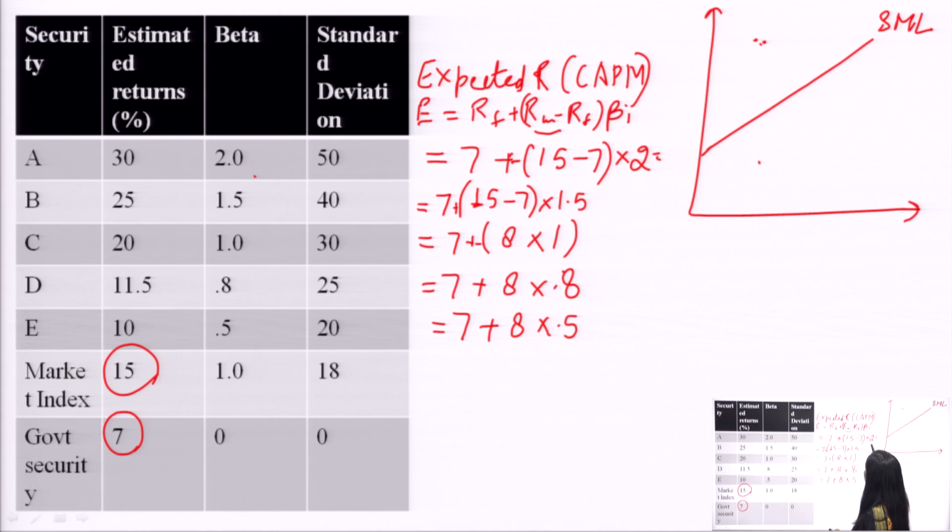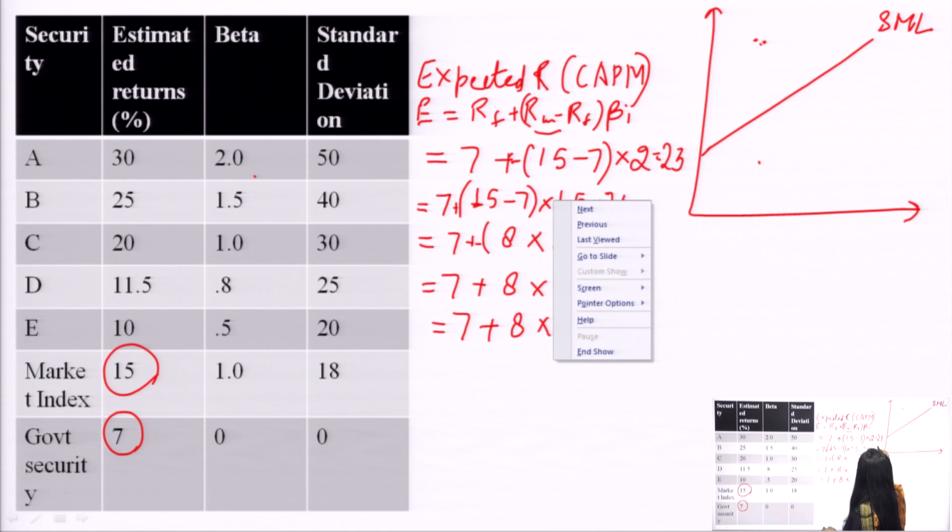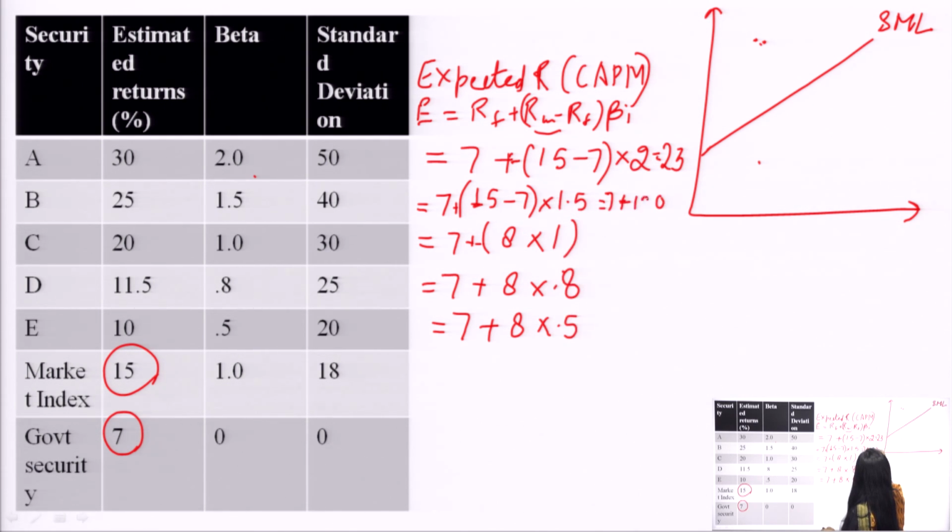So, if we calculate this value, it will be 7 plus 8 into 2. 8 into 2 is equal to 16, and 16 plus 7 gives us 23. Here we will get 7 plus 8 into 1.5, so if we multiply this, we will get 19.